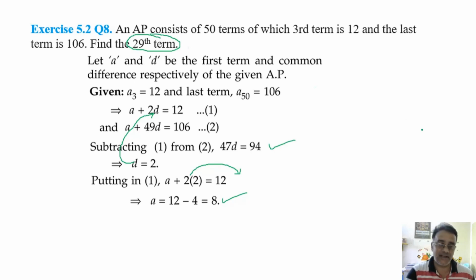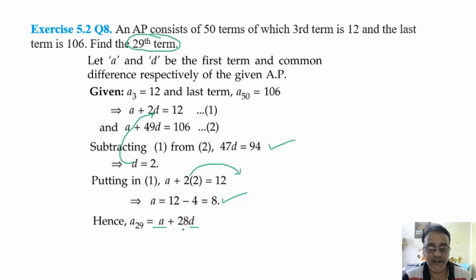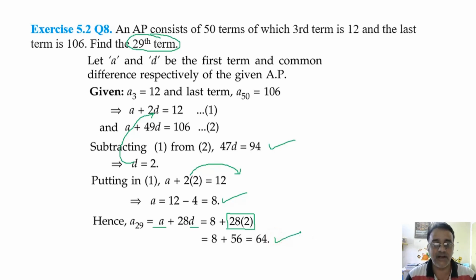So A29, what is A29? A plus 28D. So we will substitute the values of A and D here: 8 plus 28 into 2. 28 into 2 is 56, plus 8, what will you get? 64. So 64 is the required 29th term.